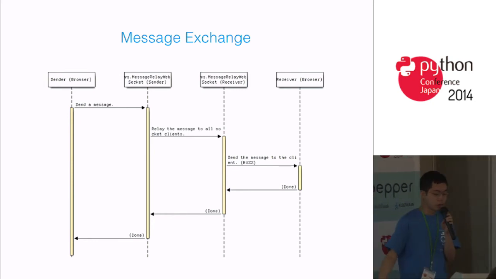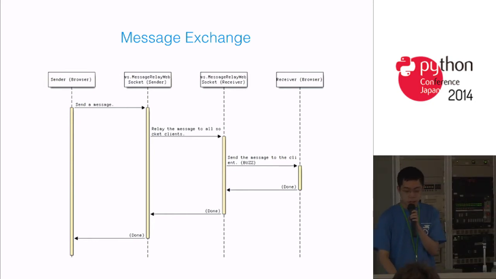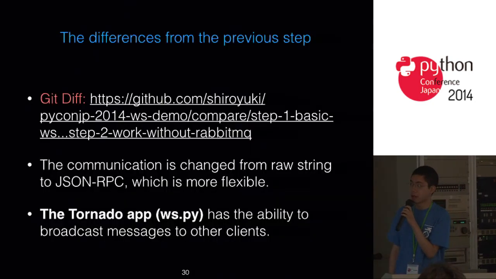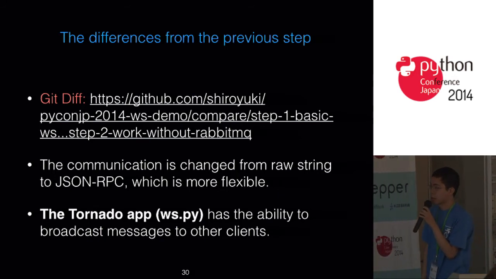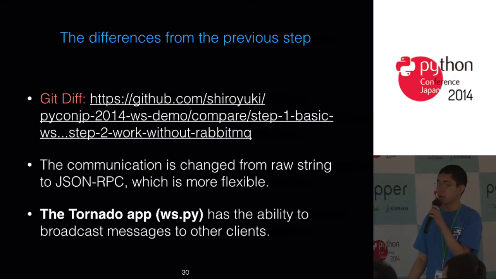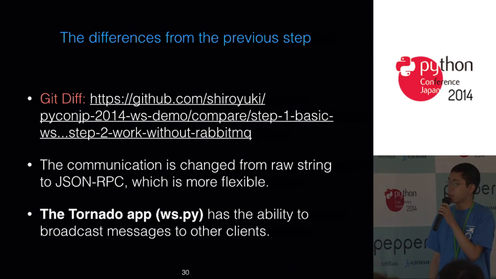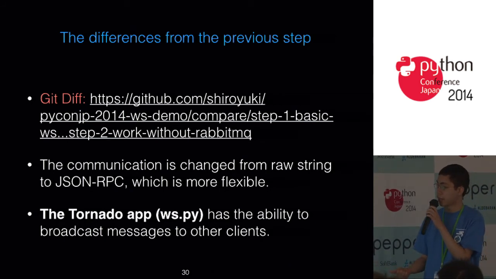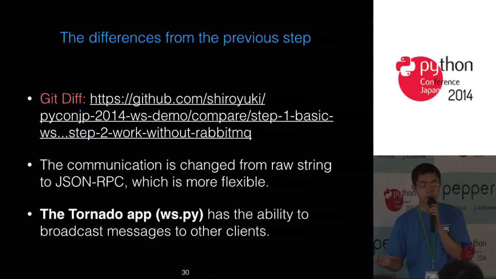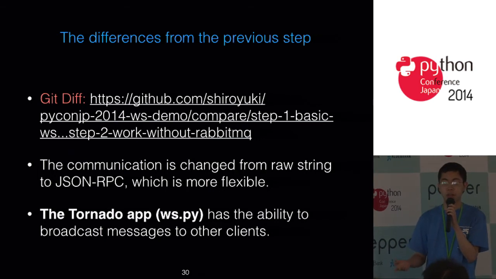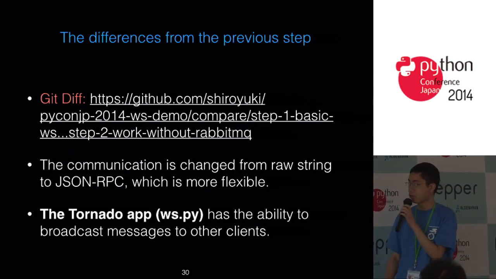That's how it works. The difference between these two steps is actually quite a lot, but one significant thing is the communication. Previously, when we just started with basic integration, it was using raw strings, doing nothing.